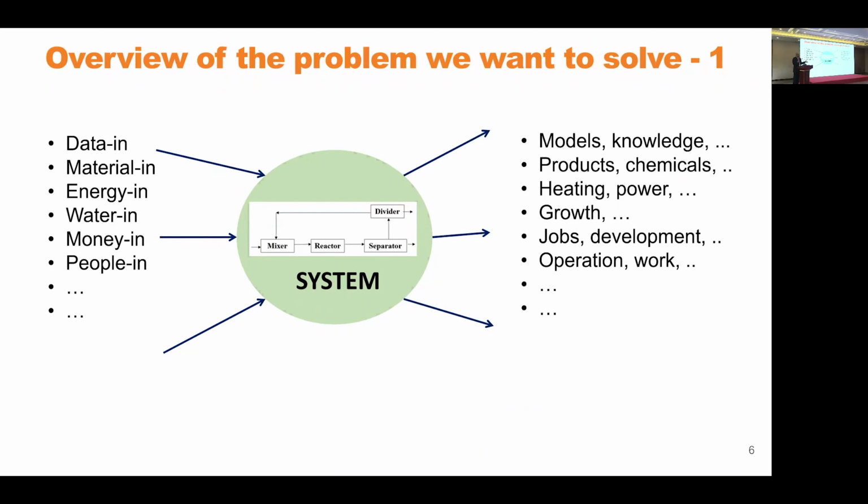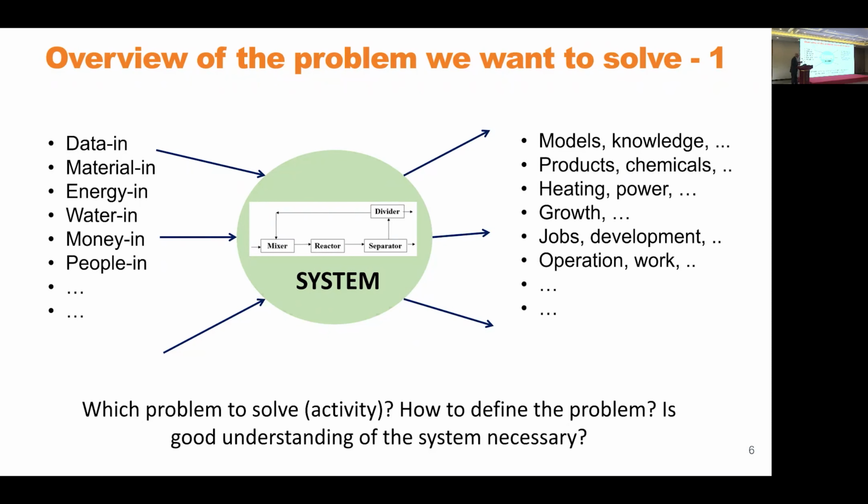And so we need to solve the problem of the system, and we get those outputs that we desire. And here we have to define which problem, that means which activity that I mentioned in the multiple layers, how to define this problem, and do we need a good understanding of the system and the problem. And I would say it is very important to have a good understanding of the system.